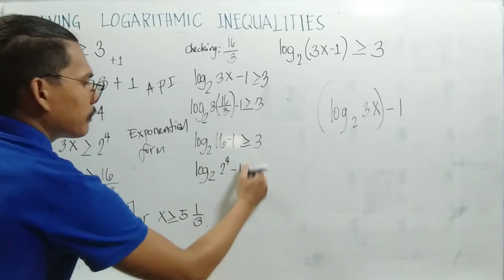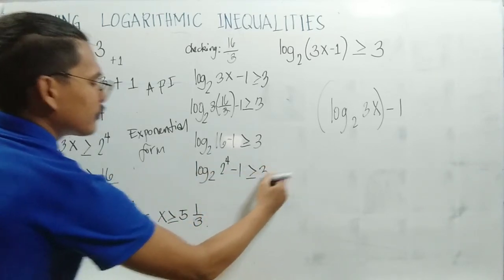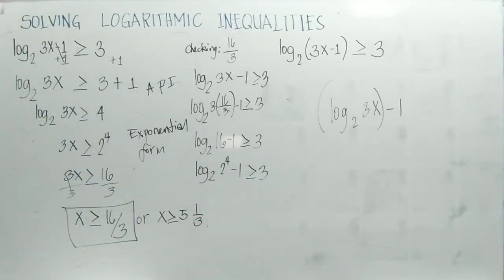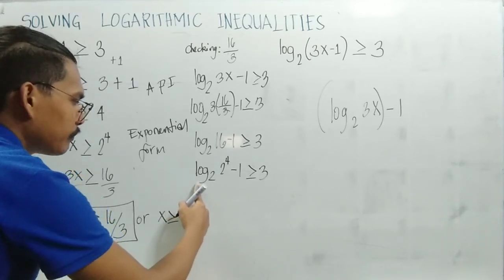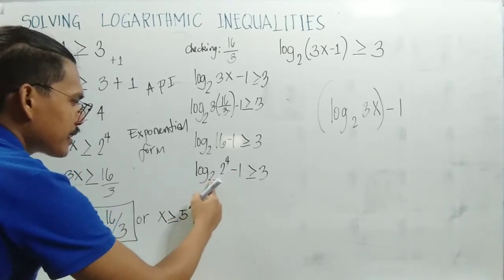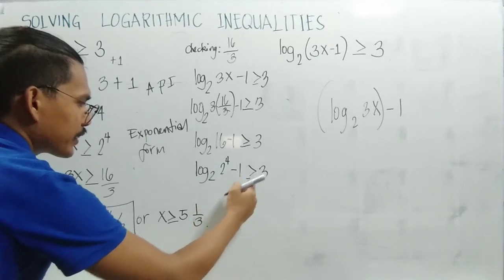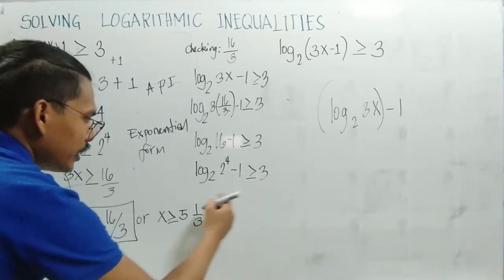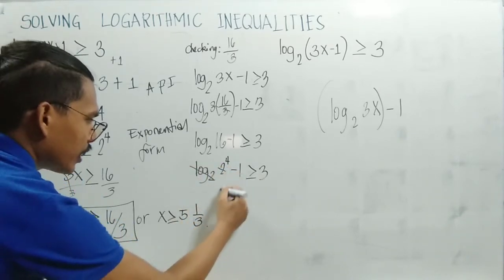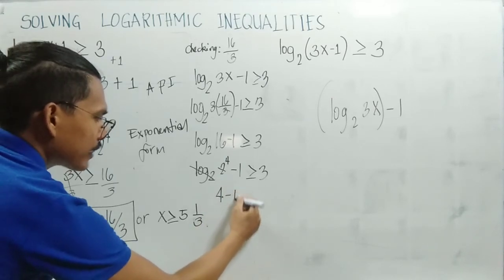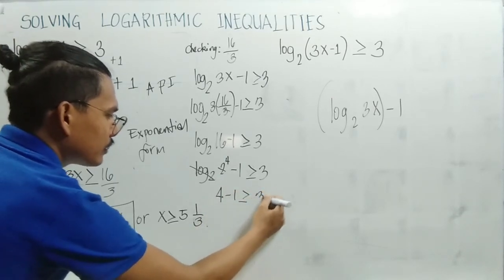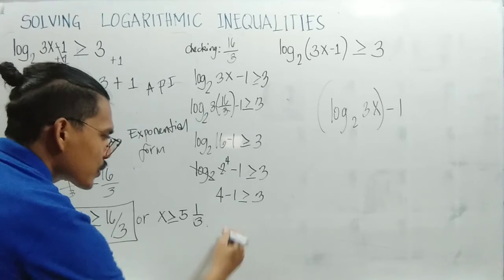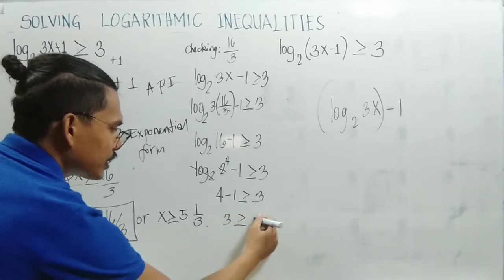Then we have log base 2 of 2 raised to 4 minus 1 is greater than or equal to 3. The value of this is 4 minus 1 is greater than or equal to 3. Then 4 minus 1 is 3, which is greater than or equal to 3.